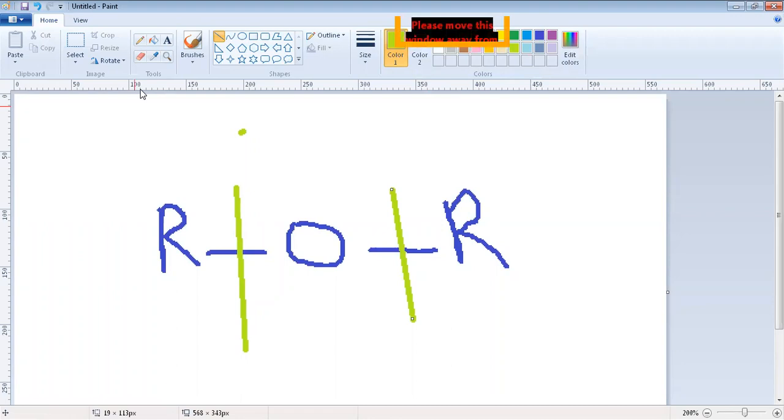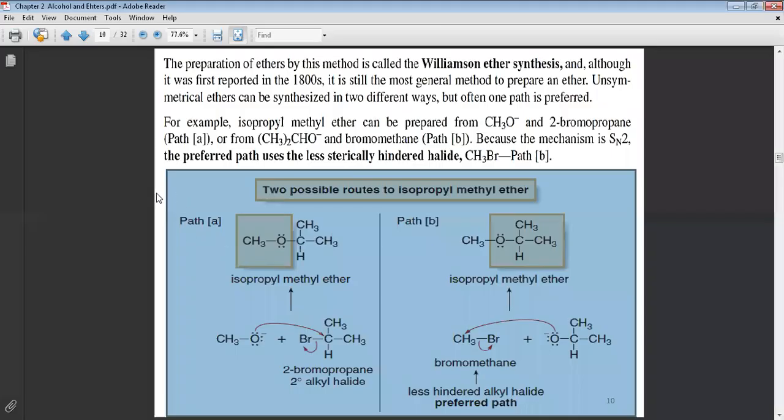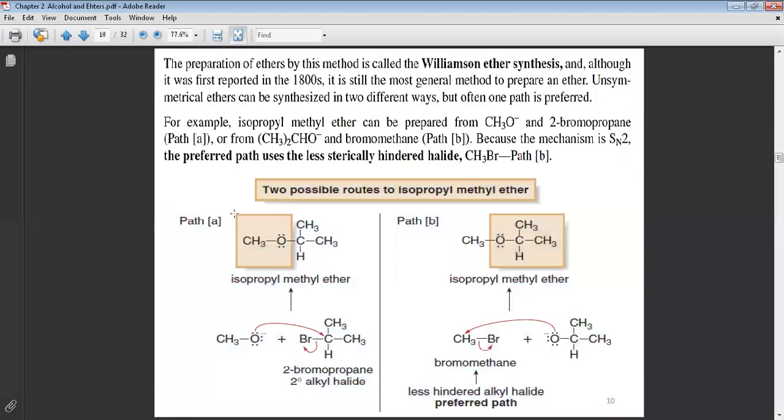Okay, now I will go to our example. This is our example. Which is best: to make the ether two-part from here or from here? If you make your ether two-part from here, that means the CH3 with the oxygen will be the base, CH3 oxygen, and for example Na, put Na here, no problem.